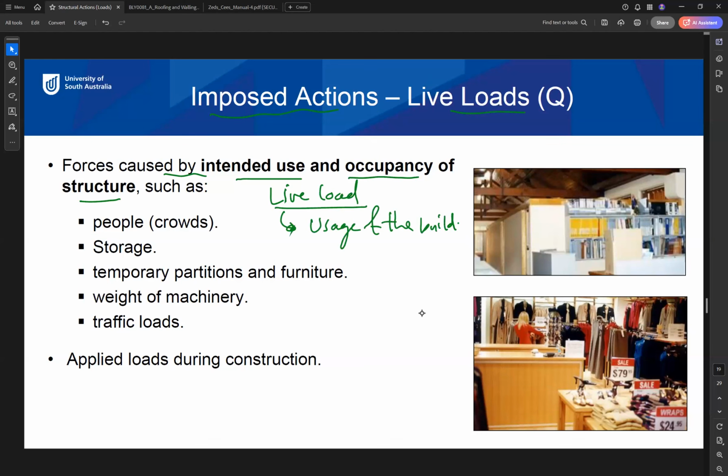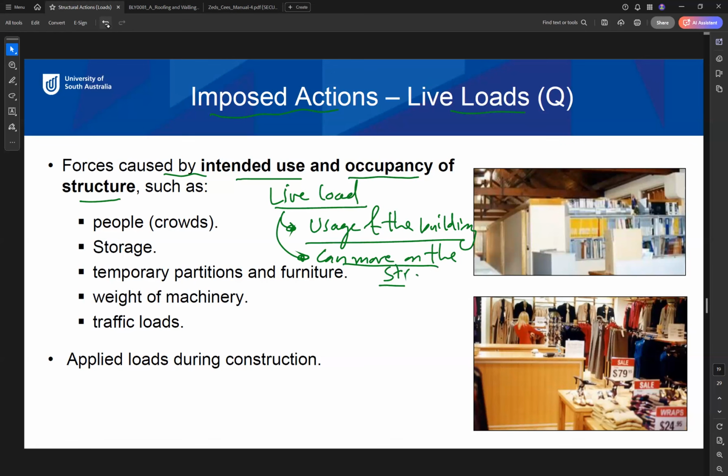Okay, and these loads can move on the structure.